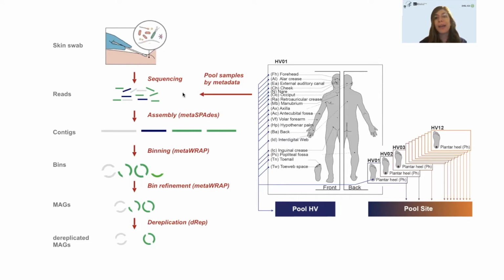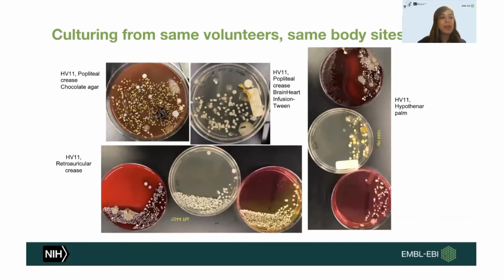We also tried another approach, pool time, where we took the same body site of the same healthy volunteer across multiple time points and aggregated the sequencing reads across those time points. These were our different pooling strategies.